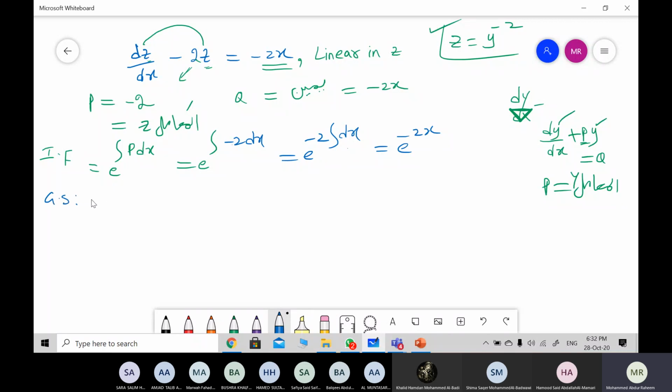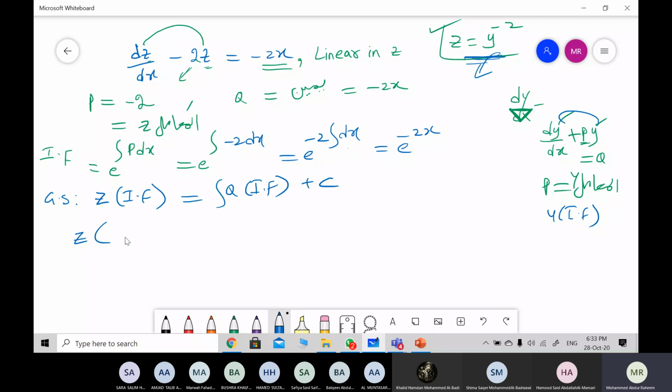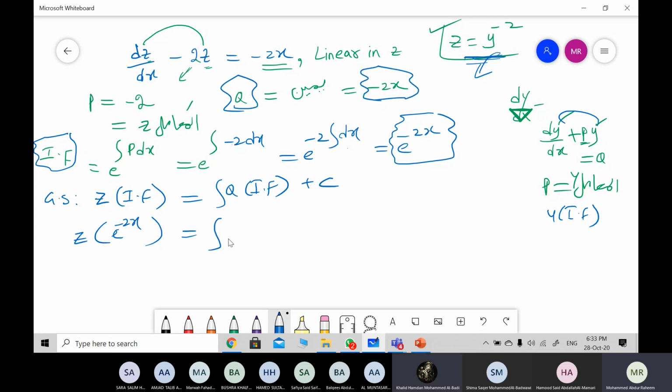General solution. How to start here? Before, linear in y, y times IF. But now linear in z, so Z times IF equals integral Q IF plus C. Z is Z only, or Z is actually this one? You will write that later. IF how much? e power minus 2x. Integral Q is minus 2x times IF.